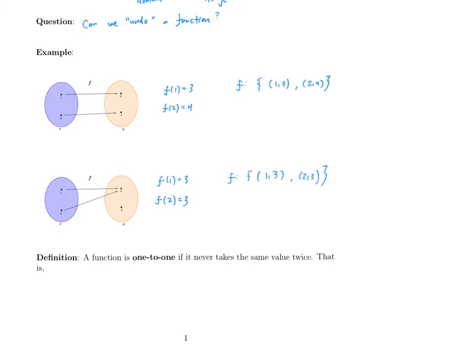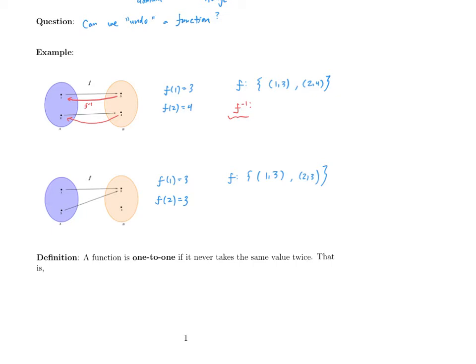Let's get back to our question. Can we undo these functions? Immediately by observation, if we look at the first function, you say, yeah, absolutely. We can take 3 and send it back to 1 with the function we might refer to as f inverse, and you can take 4 and send that back to 2. So we can define f inverse.